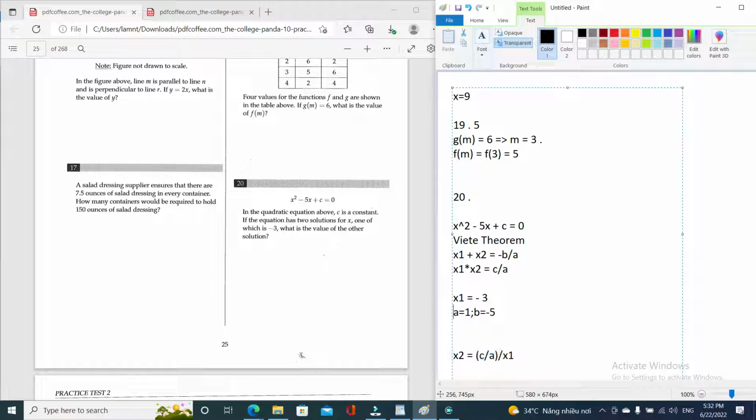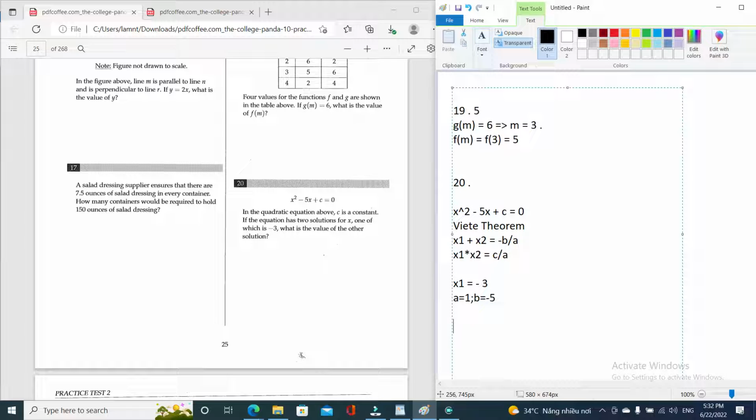We know that x1 plus x2 is minus b over a. So minus of minus 5 over 1 is 5. Okay, so x2 is just 5 minus x1, so that's 5 minus 3, which is equal to 8.